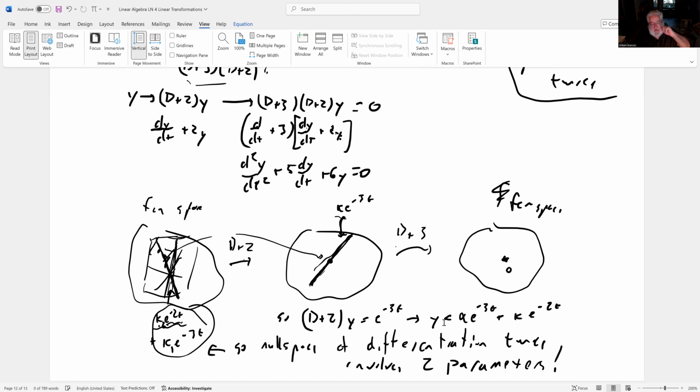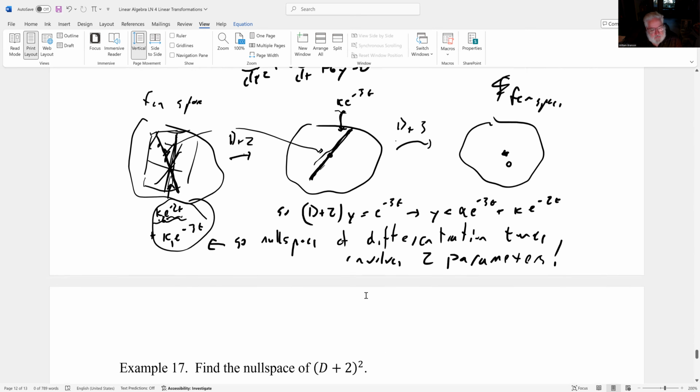And that's why we only needed two functions to span our general solution. We had left that question hanging for a while.